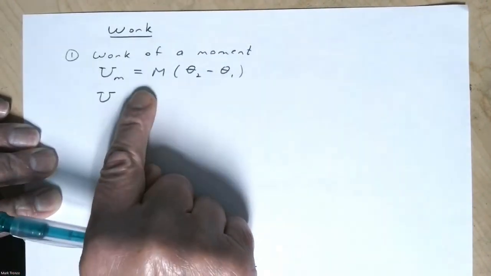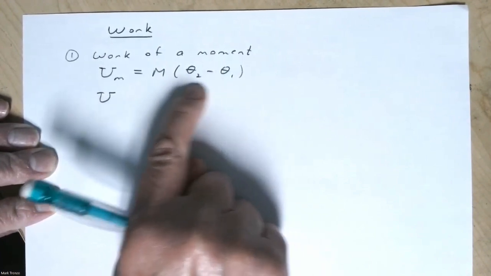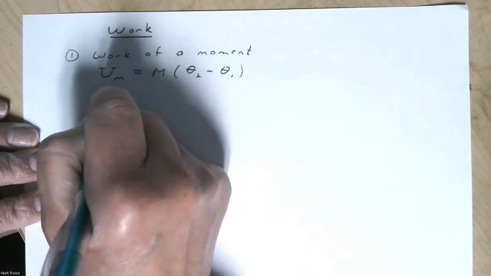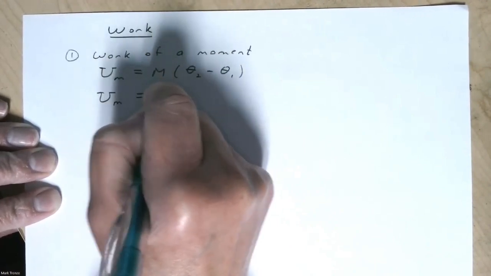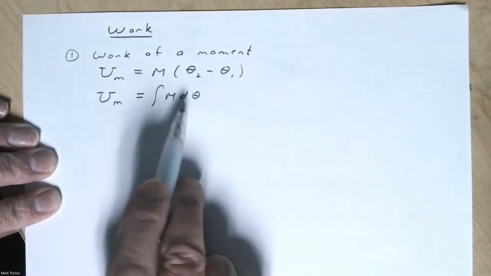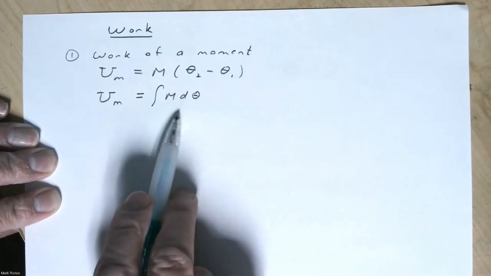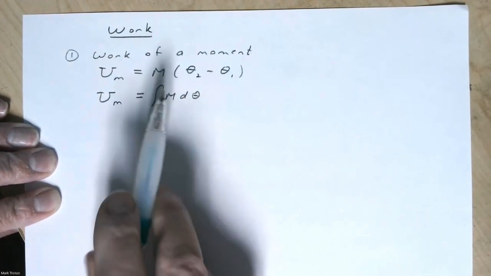And again, you'd have the moment times the change in your angle, and this would have to be in radians. Now, if the moment is not constant, we'll have to do the integral. So if the moment was constant, use this. If it varies with respect to angle, it's this.